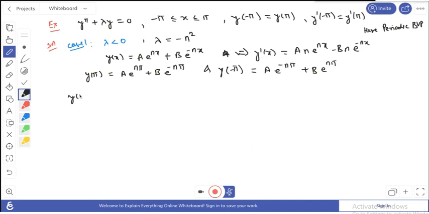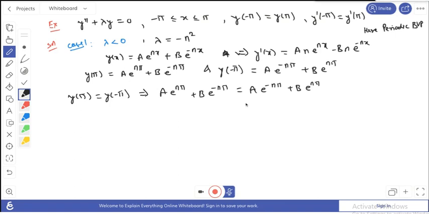So by using the boundary condition, y(pi) and y(minus pi) are the same. So a e to the power n pi plus b e to the power minus n pi equals a e to the power minus n pi plus b e to the power n pi.